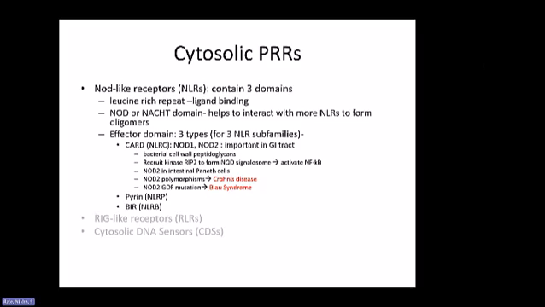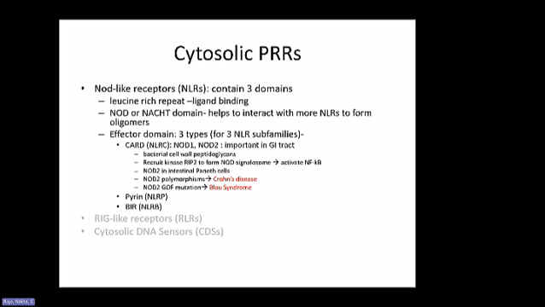So for nod-like receptors, the structure is really important because that leads to formation of a structure that ends up in the activation, leading to signaling cascades, and the end result of whatever it's trying to counteract.